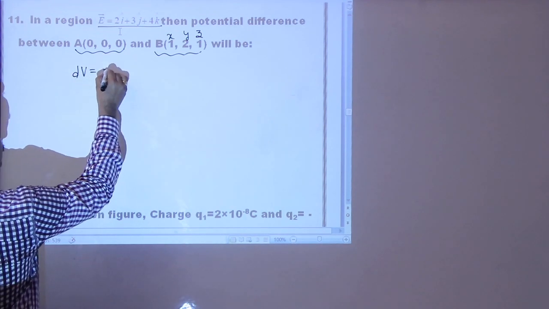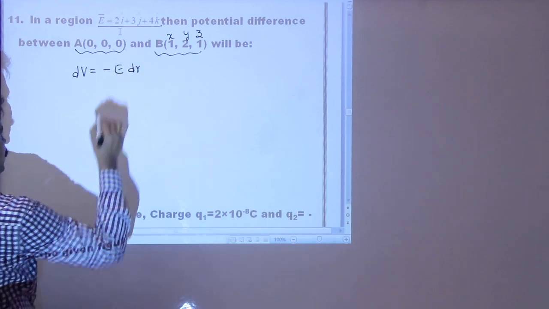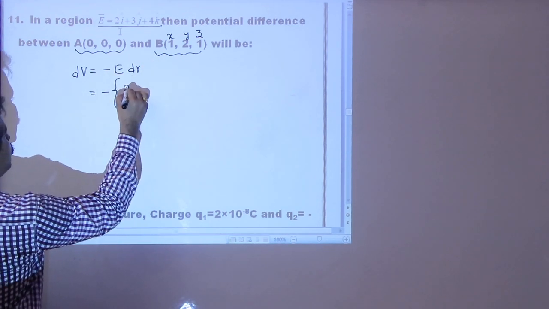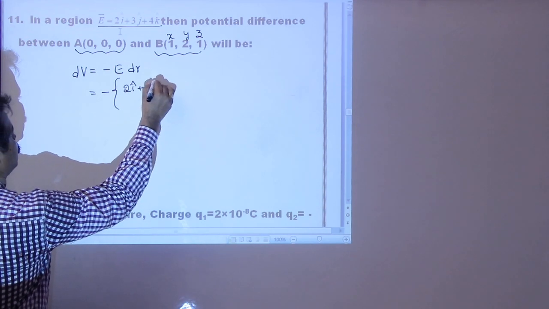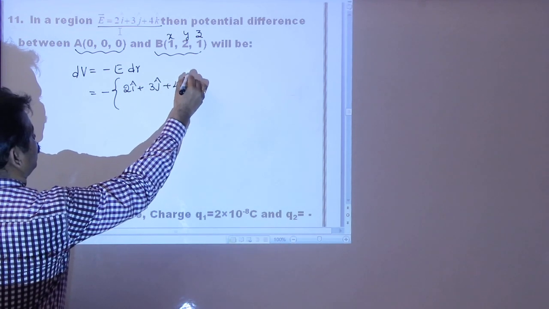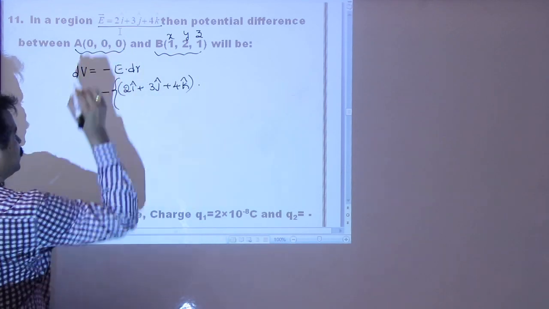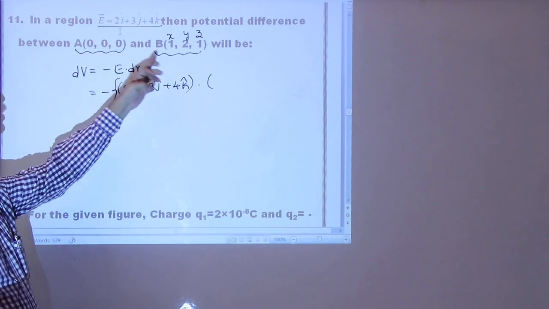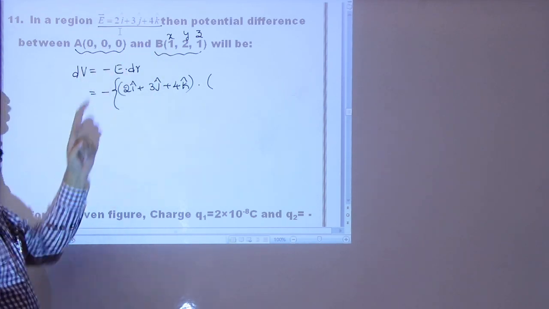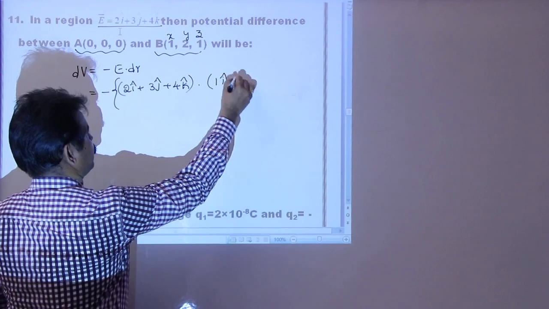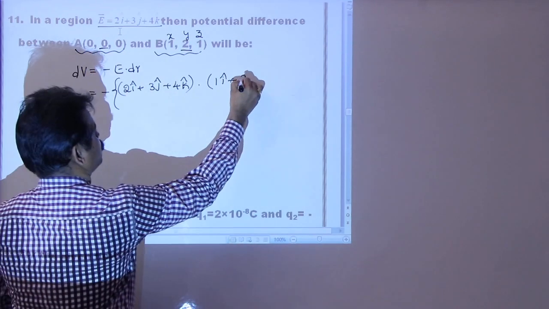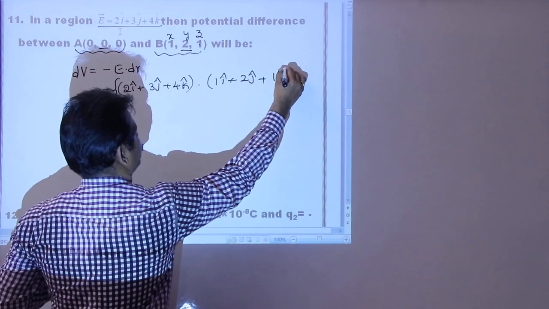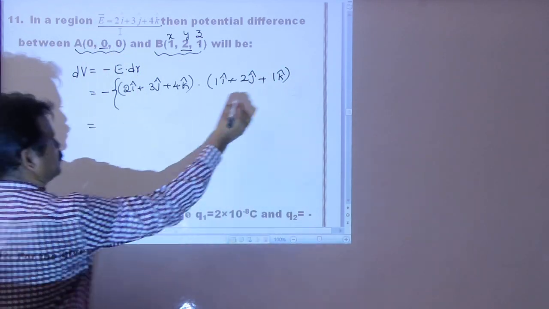So generally we take the potential difference dV is equal to minus E dot dr. Here E is given as 2 i cap, 3 j cap, 4 k cap, dot, this is a dot product, the position vector between these 2 points, which is 1 minus 0, so this is 1 i cap, 2 minus 0, this is 2 j cap, 1 minus 0, 1 k cap.